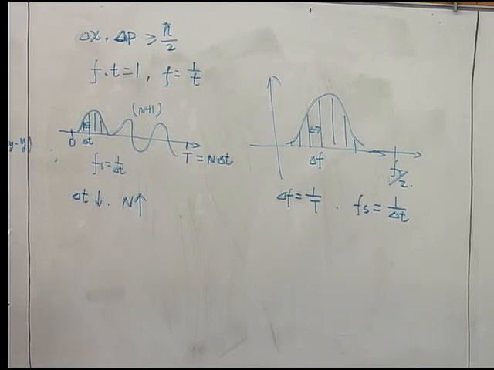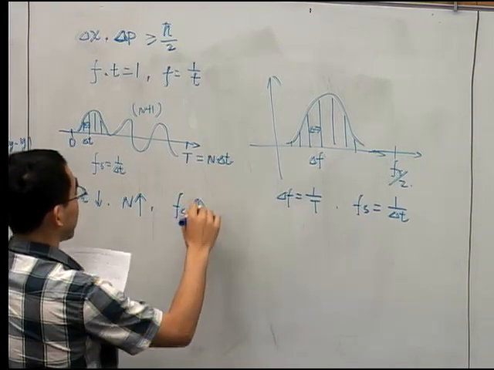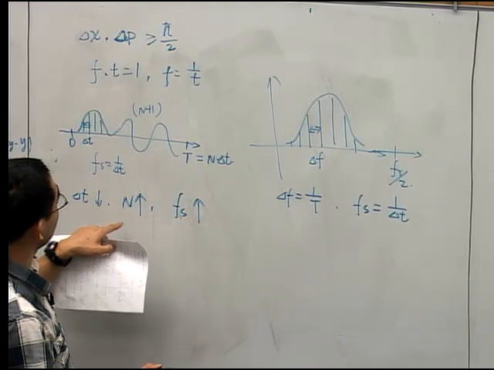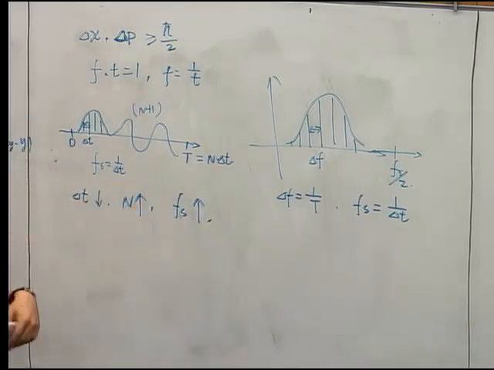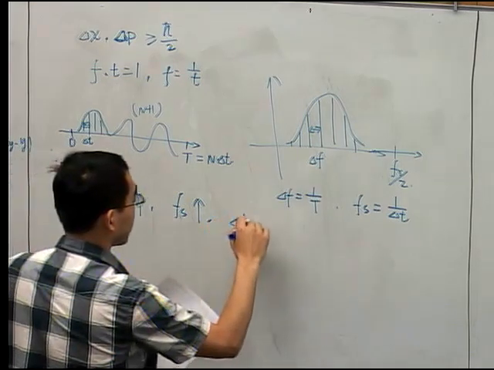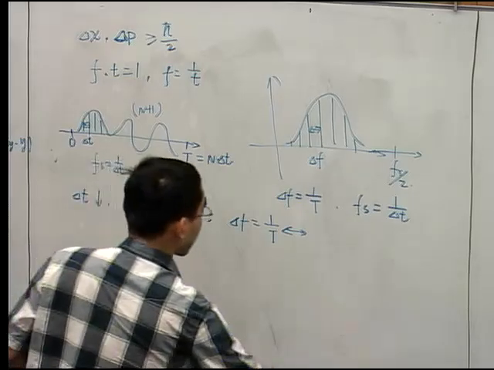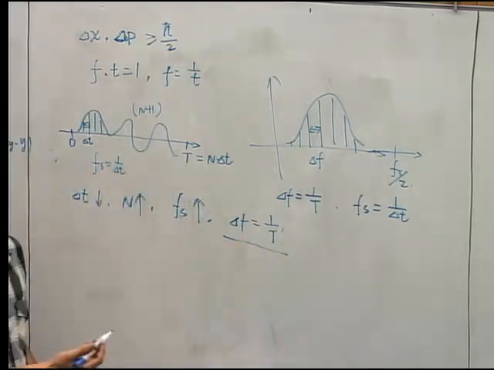So n is going to be, and n equals t over delta t. And I know that fs increases, right? But since the total time doesn't change, your delta f is still the same. This doesn't change at all, right?